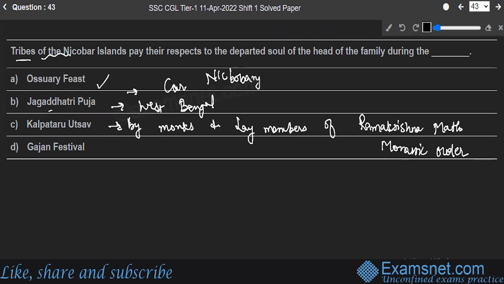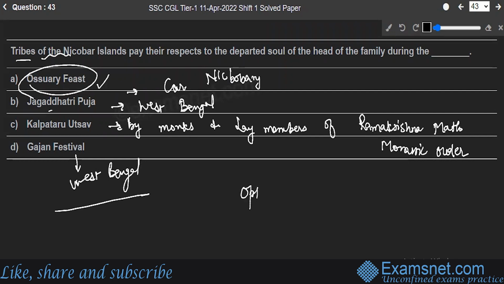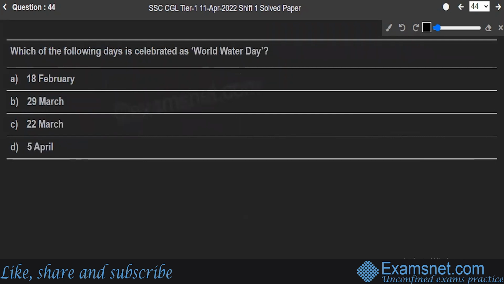Gajan, also known as Shiva Gajan, is a Hindu festival which is held mostly in West Bengal. So I hope you're clear with this question. The answer to this question is option A. Let's move to the next question, number 44.